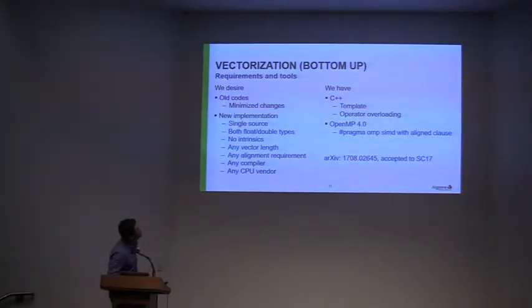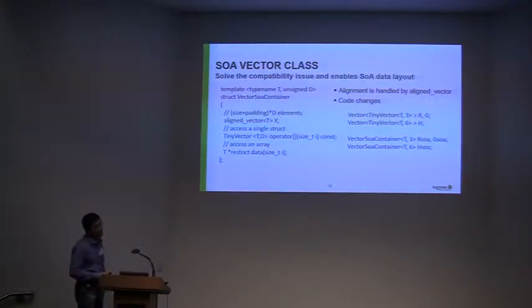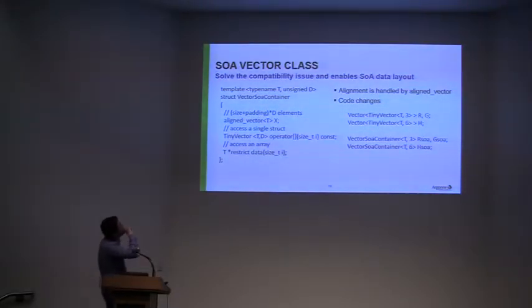With OpenMP 4.0, we have the SIMD construct with an aligned clause we can use. This is what we do to change the data layout from array of structures to structure of arrays via this adapter class, this container class, sorry.